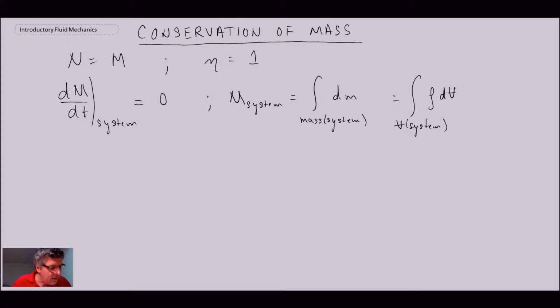Okay, so what we're going to do, we're going to rewrite this, and this is where we combine the system formulation with the control volume formulation that we spent so long coming up with the equation for. So here on the left we have dM by dt for a system. And we said that that is equal to 0, and then on the right-hand side it's going to be equal to the control volume formulation.